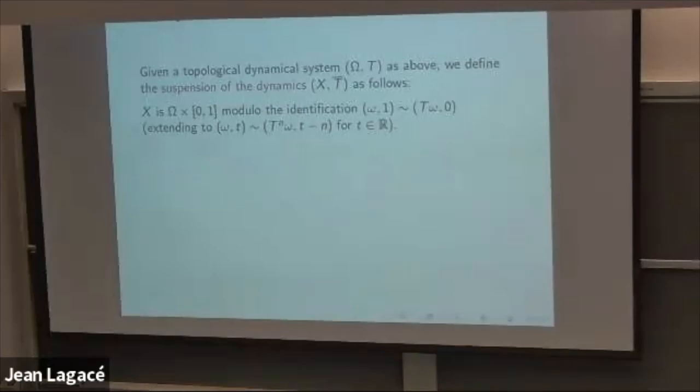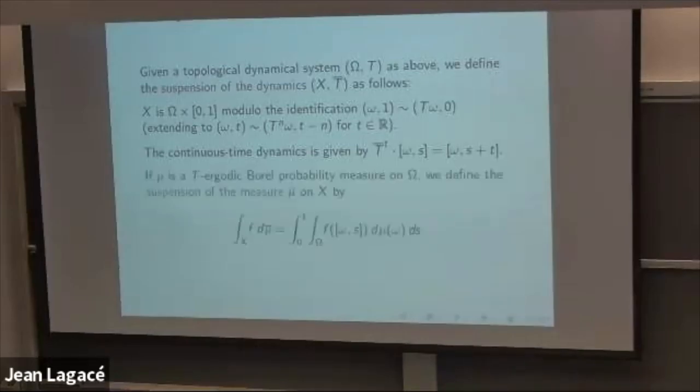So if you do it for, say, n comma 0.5 times, then you end up where you should end up, namely you apply t n times to omega, and you're left with 0.5, right? Okay, so now you have a continuous time dynamics on this torus, the mapping torus. I will denote it by t bar super t. t now is in R, so that's my time variable, it's continuous. So I've suspended the dynamics.